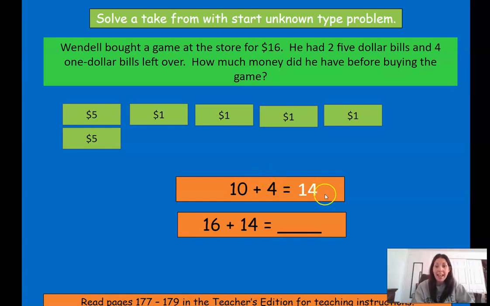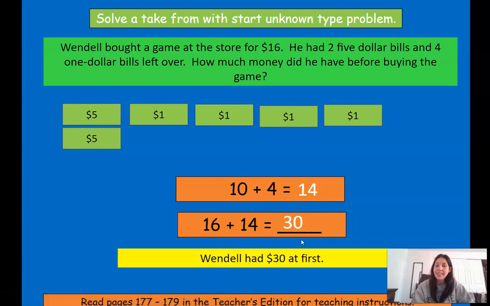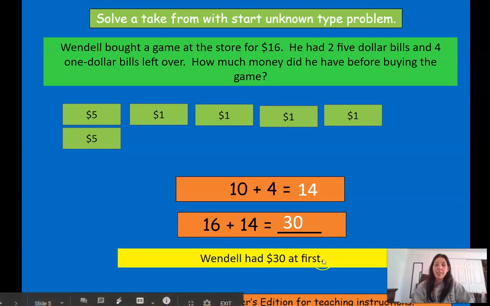So now we're going to add 14 plus the 16 that he used to buy the game. You add those two together and you get 30. So our sentence is that Wendell had $30 at first. Okay, so before he bought the game, Wendell had $30.